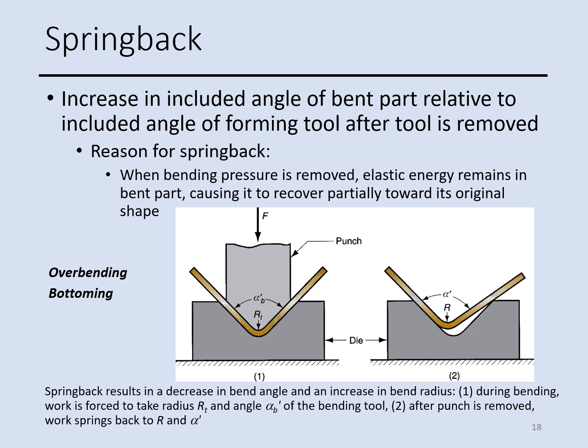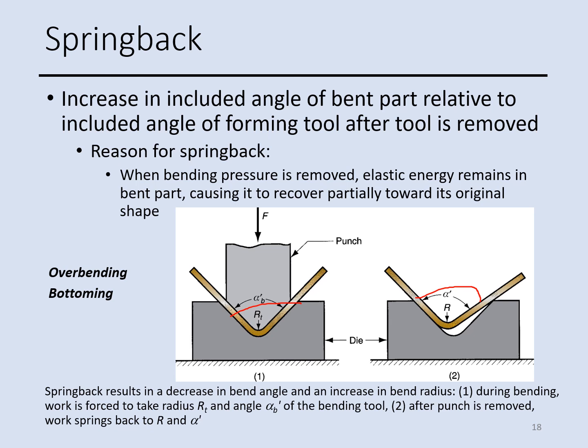In the sheet metal bending operation, we have one phenomenon that is called spring back, and that is the increase in angle of the bent part relative to the angle of the forming tool. As you see here, when the punch is removed, this part has a larger angle compared to the punch.